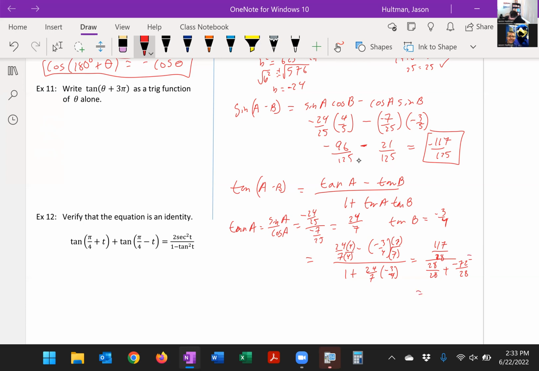I'll just put it down here. The 28s will cancel. So 117 over 28 all over 44 over 28. The 28s are going to go away. This is negative 44. And so we end up with negative 117 over 44.